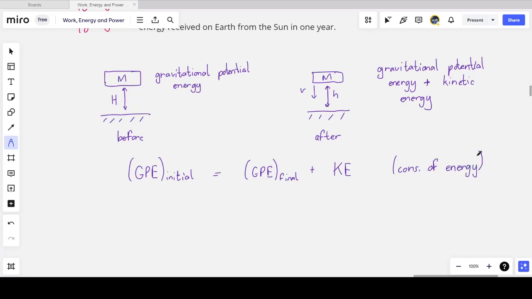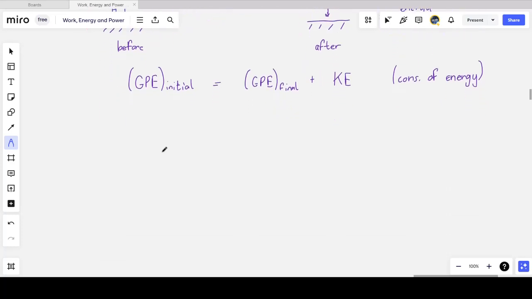So this is the conservation of energy like we stated before, but in mathematical form. It initially had gravitational potential energy. The energy can't completely disappear into nothing. So it becomes its final gravitational potential energy, which is now less, plus some kinetic energy, which it has because it's moving. Kinetic means to move.